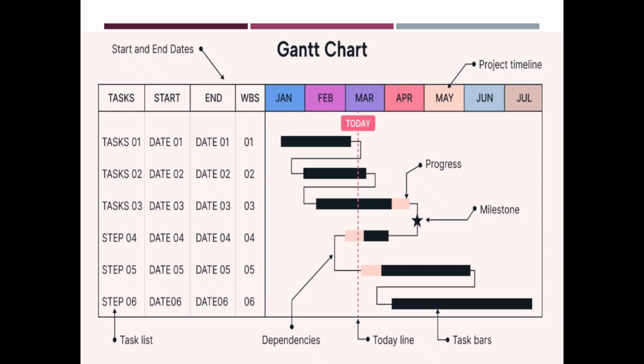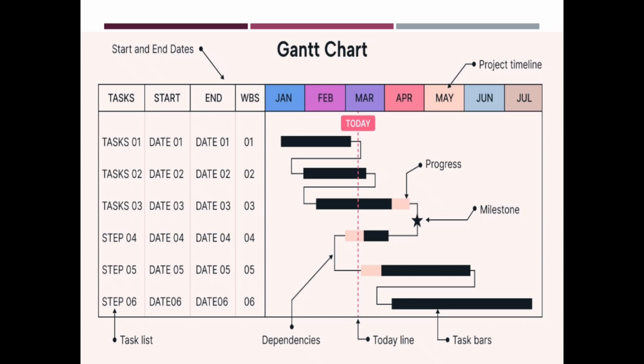You can see that most of the bars are black, but somewhere else there is a lighter color, and that lighter color shows progress, right? Here at this particular moment, where there is a star, that star represents a milestone.